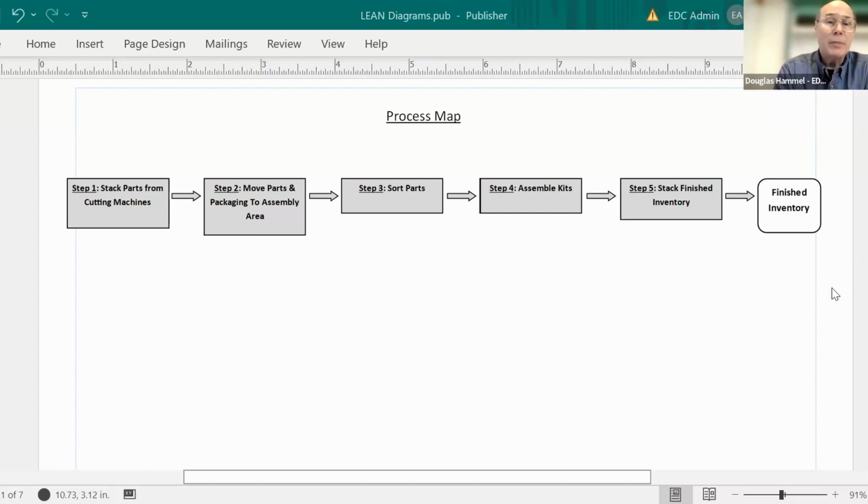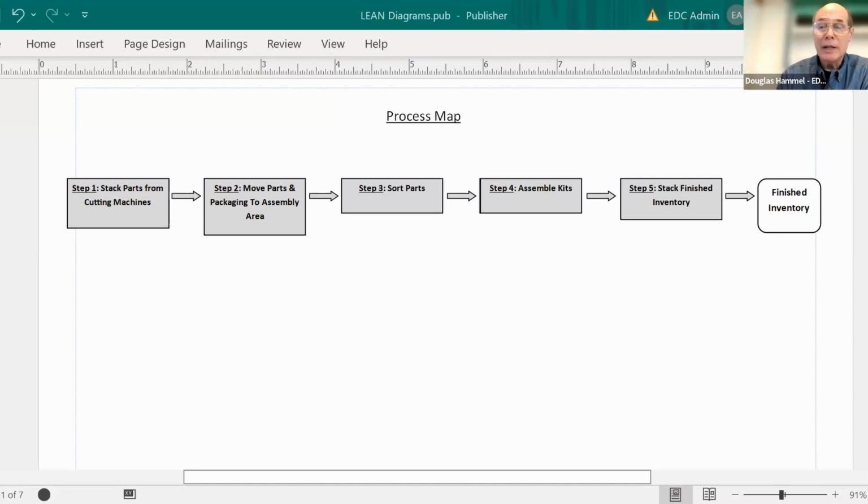So they stacked parts from the cutting machines. Step 2 was move the parts in packaging to assembly area, sort the parts, assemble the kits, stack finished inventory, and then the finished inventory is in a place where they can ship. So that process looks fairly straightforward. And you think, well, they look like they already have an efficient system.